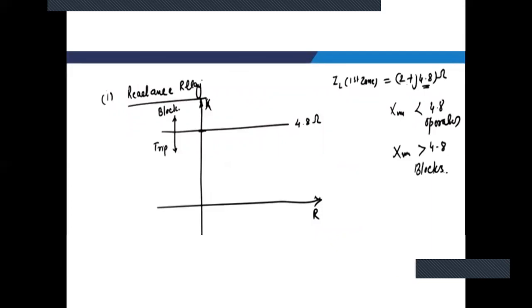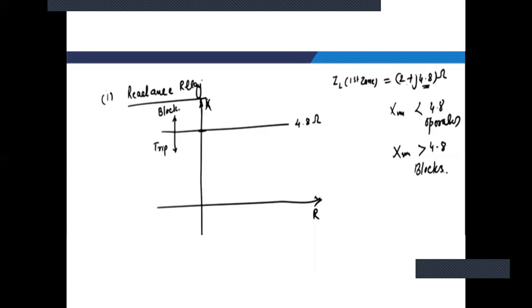Whenever I draw the characteristic, I draw it on R and X axes. So the X value is 4.8 ohm. Okay, this is the X 4.8, from this 0, 0. This is 4.8 ohm.